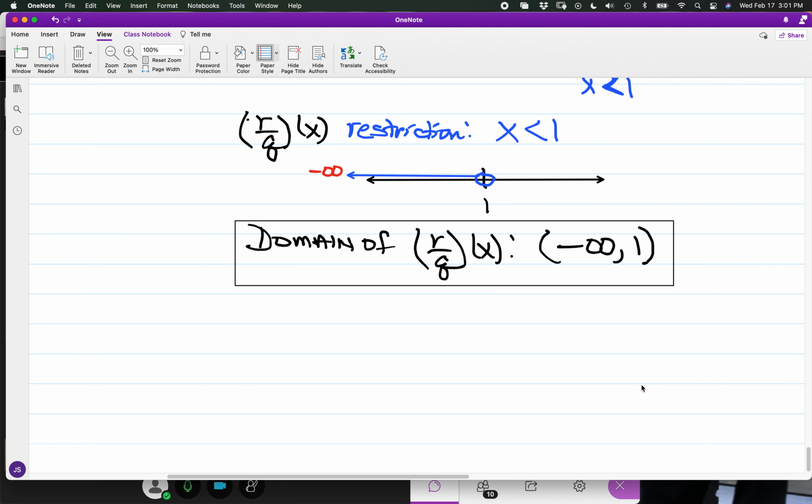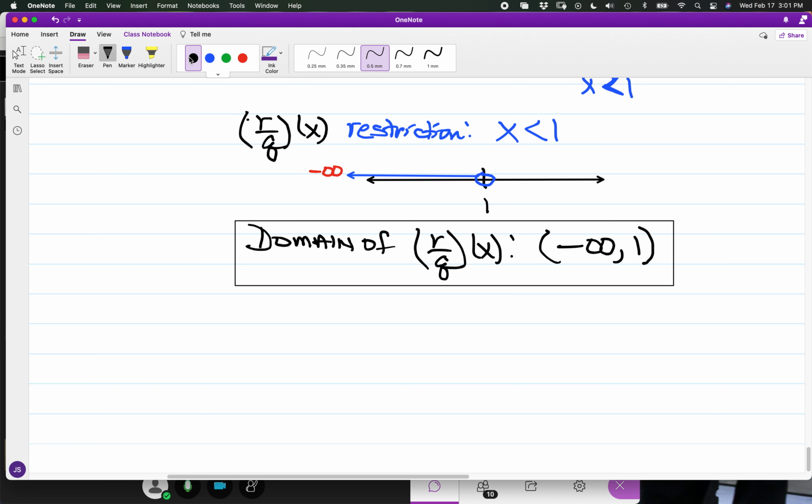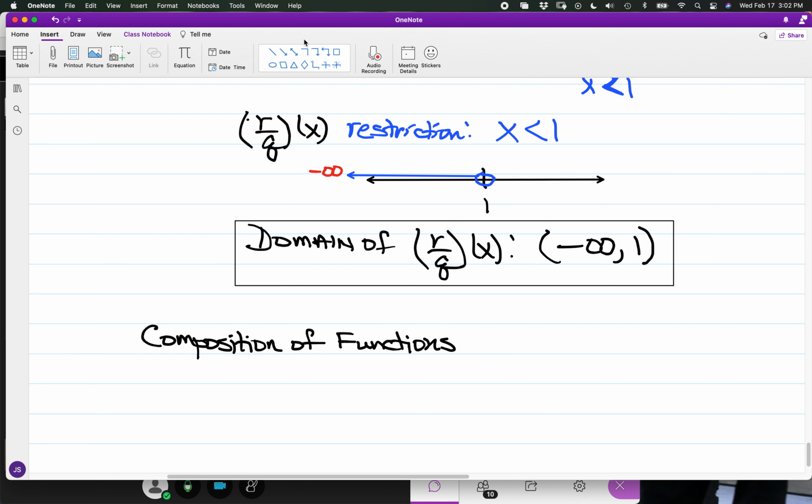And in the case of what we have regarding composition of functions, and for our functions f of x and g of x.